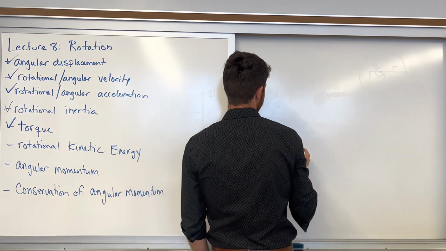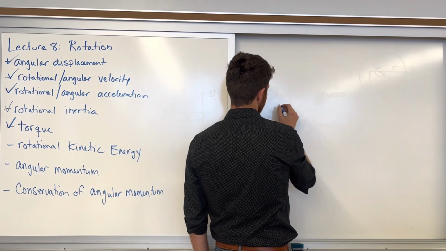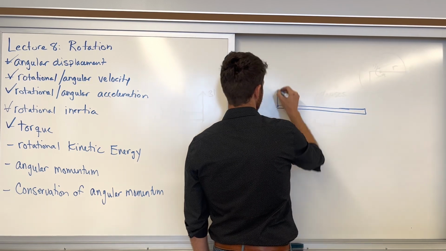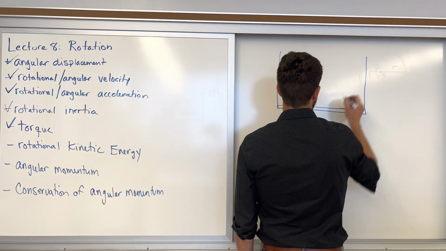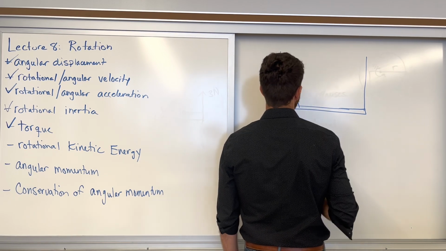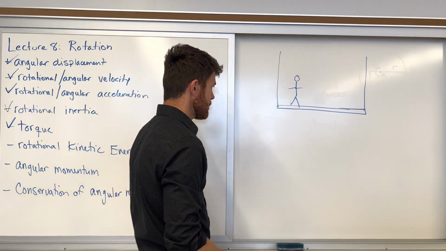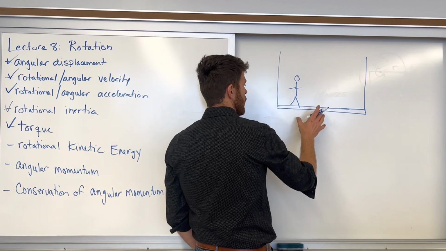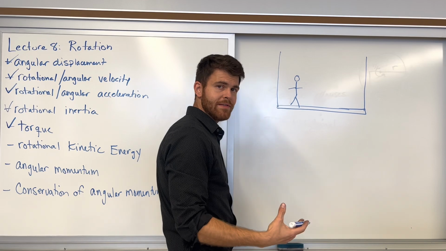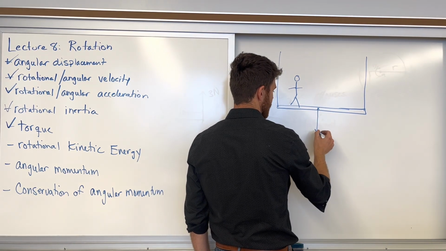Let's say you have a plank supported by a cable, and there's a person standing on that plank. Okay? Now it's at rest, it's not moving. If an object is uniform density, we can represent its weight as acting at its geometric center, or its center of gravity.